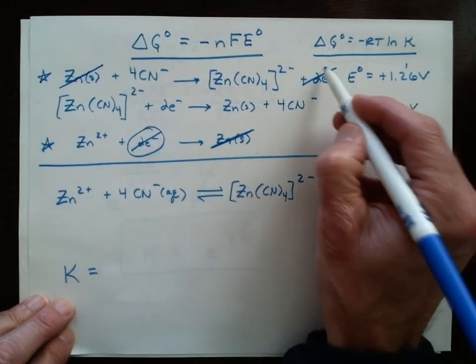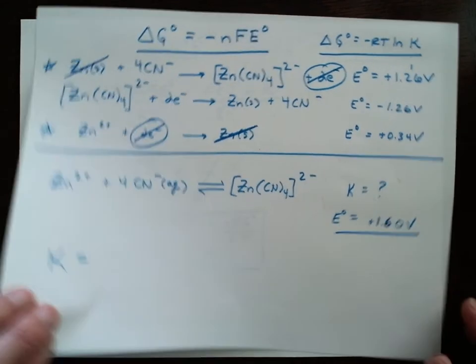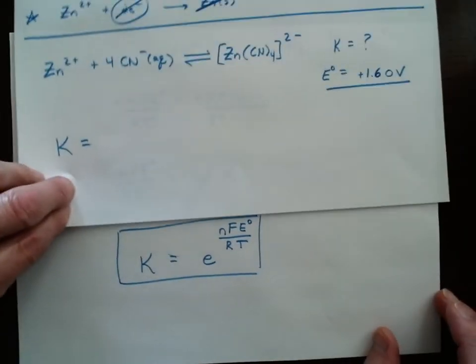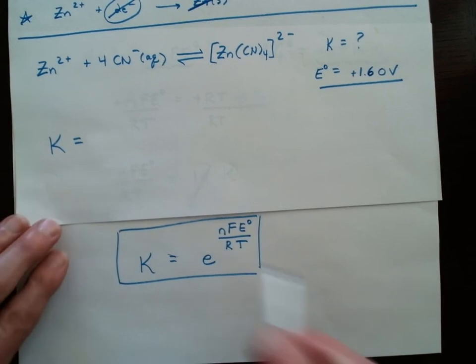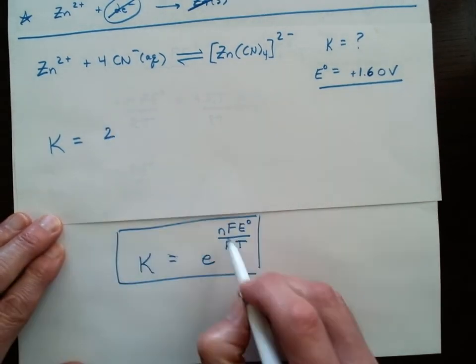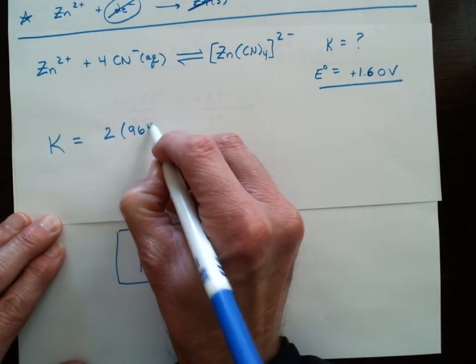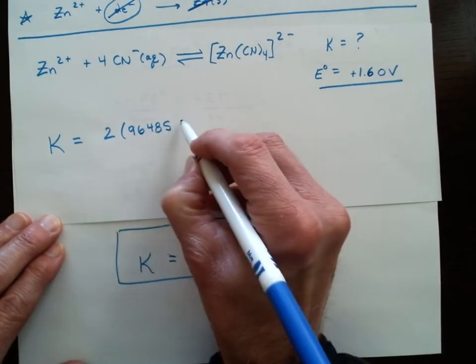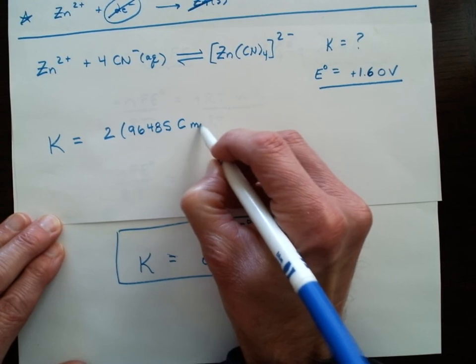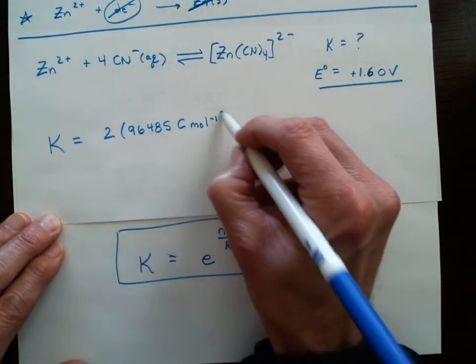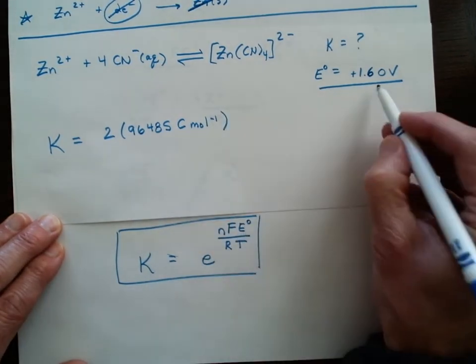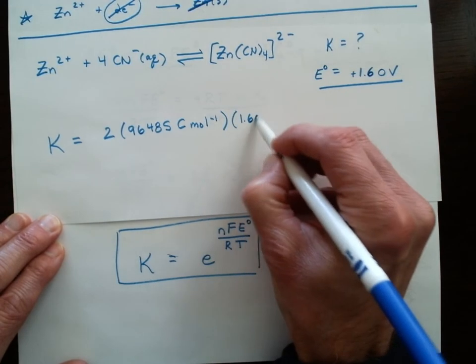Yep, there were 2 electrons necessary to balance the reaction. So I'm going to write that's equal to 2 times Faraday's constant, 96,485 coulombs per mole, times the cell potential, which is 1.60 volts.